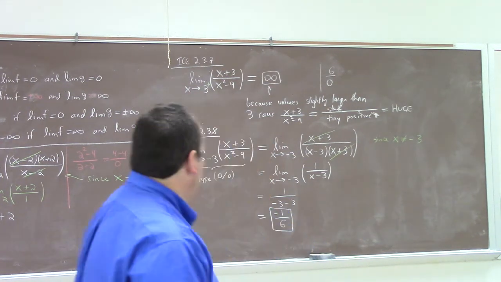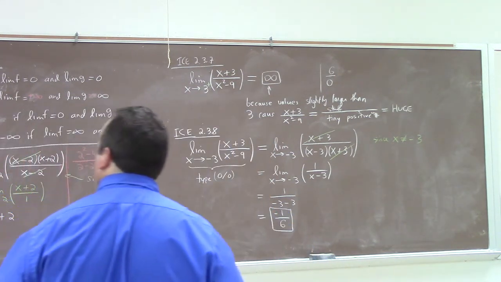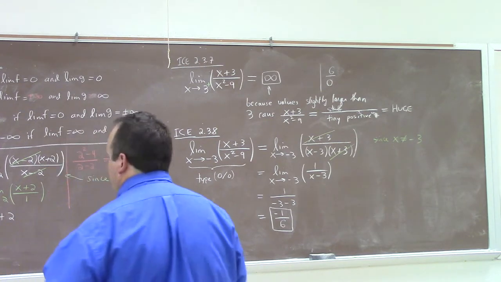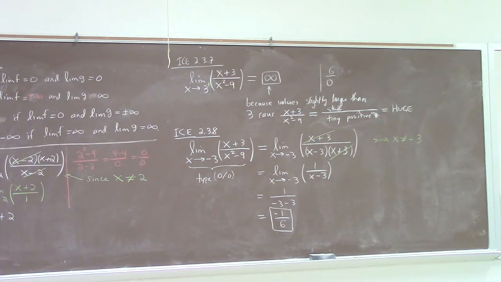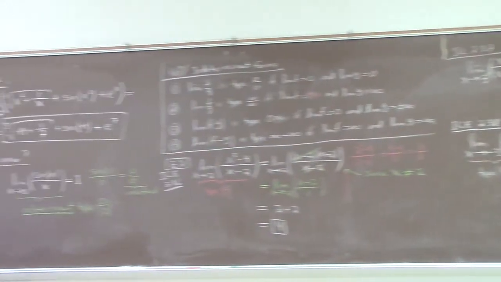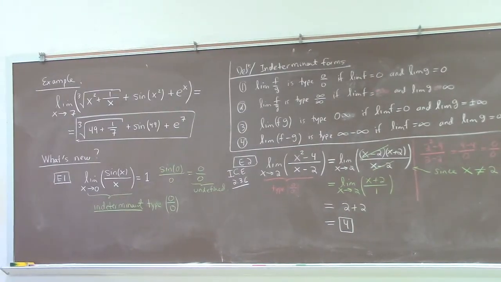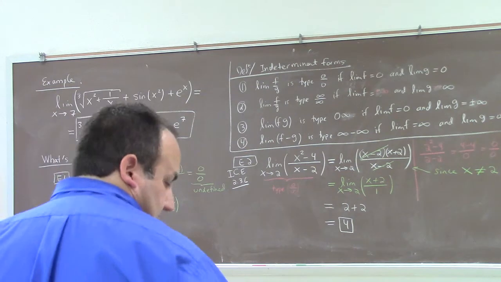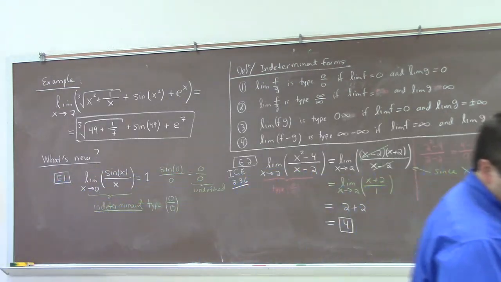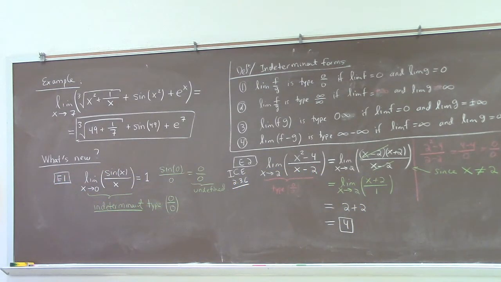I think it's worthwhile, well, let's see here, another example. Try to give you an example of a different type that involves kind of a different algebra skill set in this next example. So this would be ICE 2.3.8.